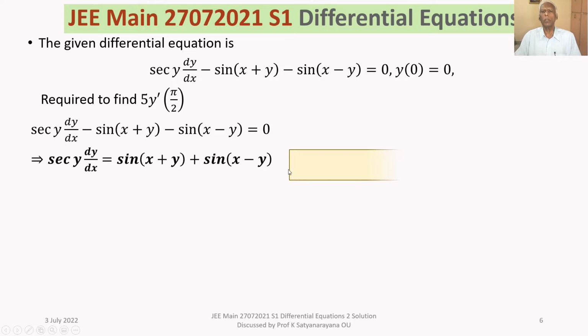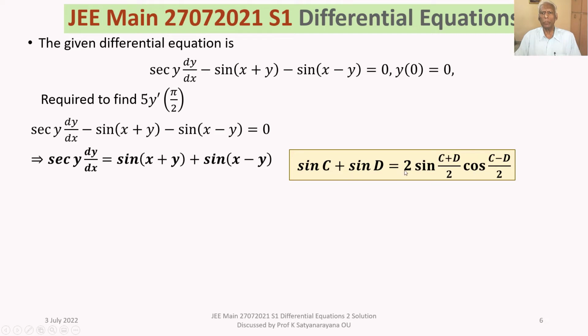We recall this formula: sin C plus sin D is equal to 2 sin((C + D)/2) cos((C - D)/2). Applying here, x + y plus x - y, the sum of these two is 2x, divided by 2 is x.